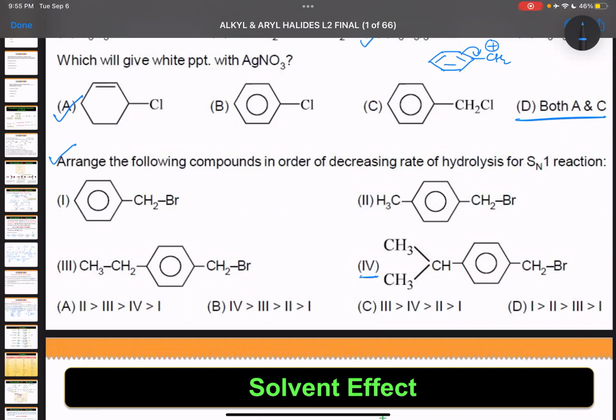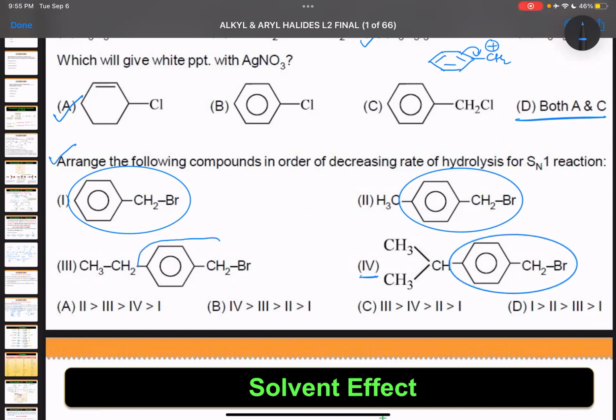Yes, sir. Why will it be the fastest? Because the halogen is not directly attached to the benzene ring, and also it is having a tertiary carbon. No, actually, it is not directly. So this portion is the same for all. You should not think about this portion because it is the same for all of them.